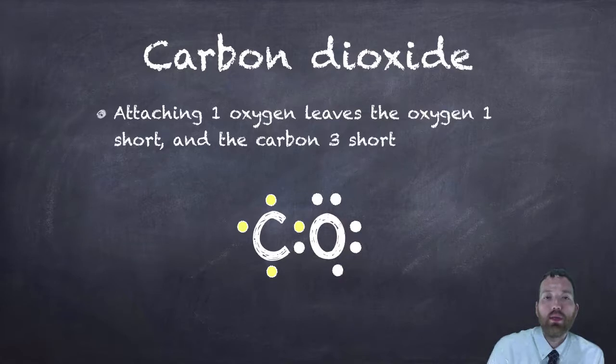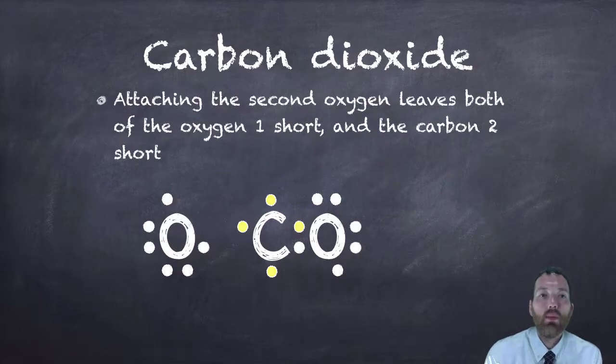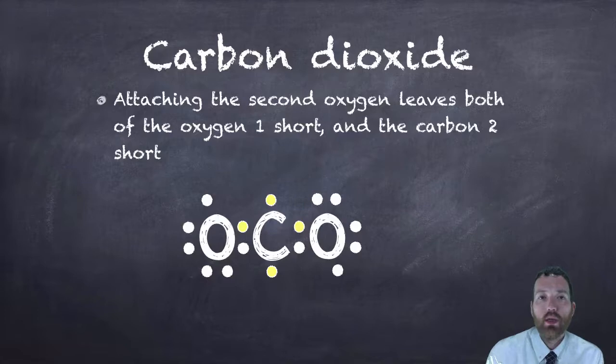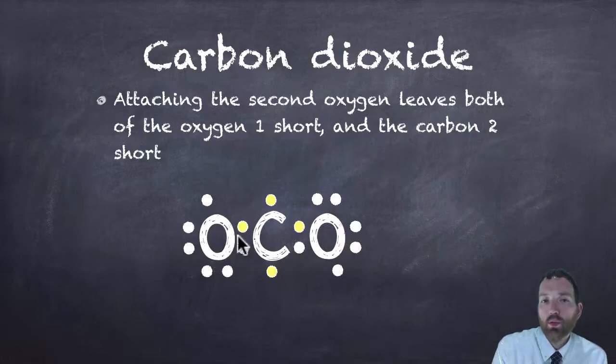Now I have to put the other oxygen to the left of the carbon. I can't attach it here because remember, carbon is the most metallic, so that's the central atom. Everything has to kind of stem off of this carbon. So attaching the second oxygen is going to leave both of the oxygens 1 short and the carbon 2 short. So this molecule won't work with a single bond.